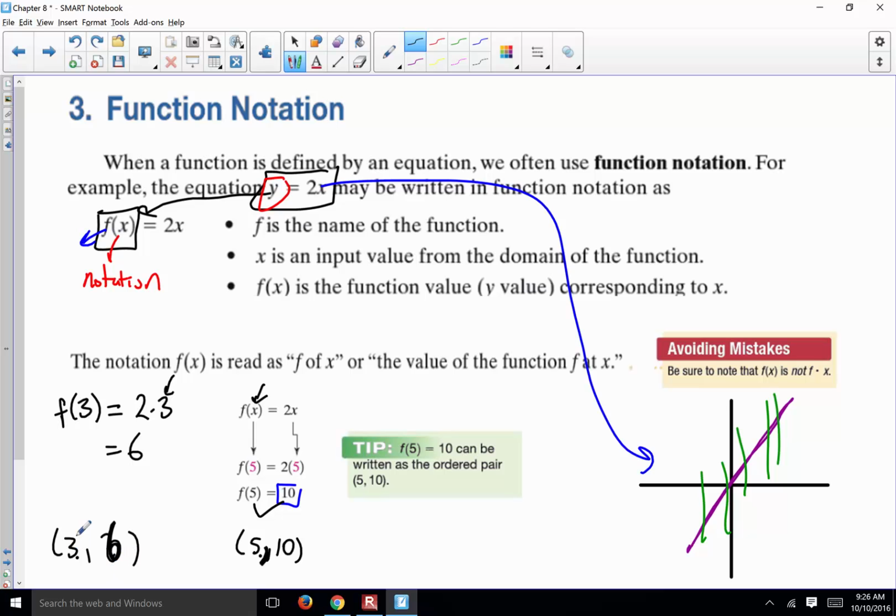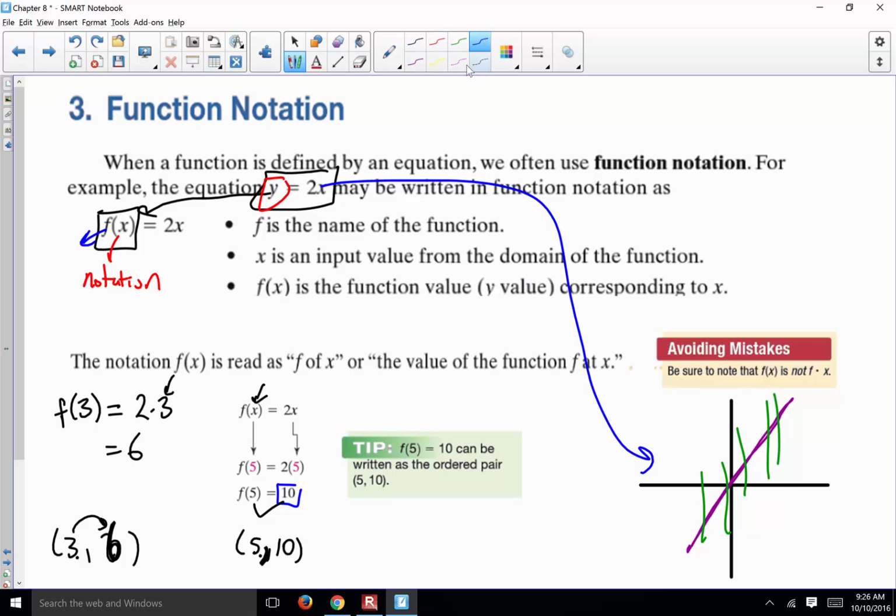The passenger 3 travels to 6th Street or address 6 by this bus. Okay? So this function notation not only serves as a fancy name for that variable y, but also it serves to compute that missing pair quickly with a simple computation.